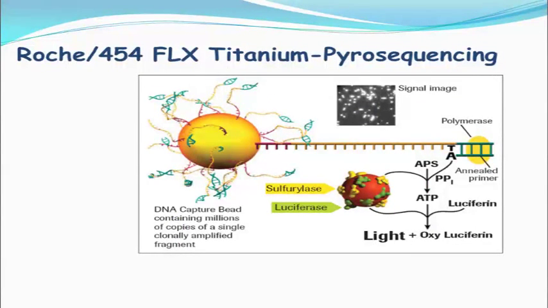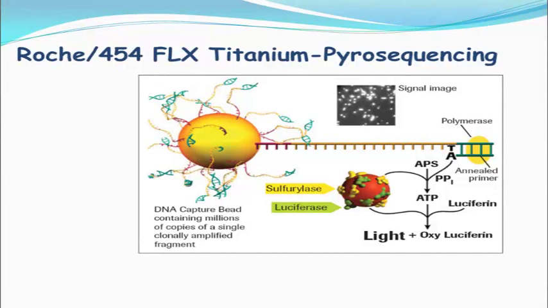And for the Roche 454 sequencing, they're using pyrosequencing chemistry. The DNA templates are immobilized, and the solution of A, G, C, T nucleotides are added subsequently. When there is a match, the pyrophosphate is released, and ATP sulfurylase will convert the pyrophosphate to ATP.